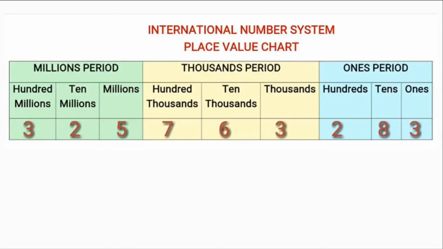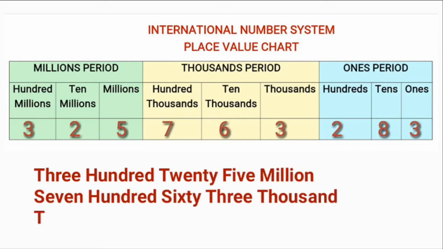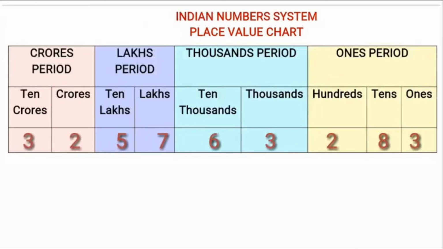Now first of all, we will put in international number system place value chart. So we will read it as 325,763,283.